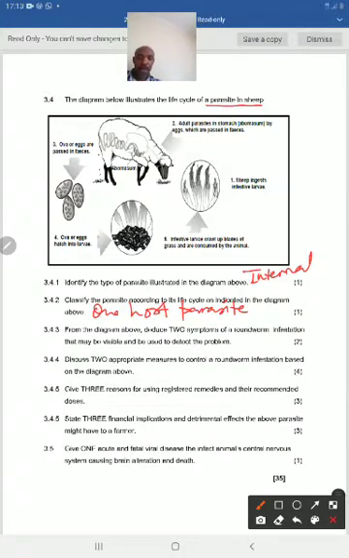From the diagram above, deduce 2 symptoms of roundworm. So we can see that this is a roundworm. Roundworm infestation that may be visible and may be used to detect the problem. We can see them on the grass blades. Ne? On the grass blades, you can see them.